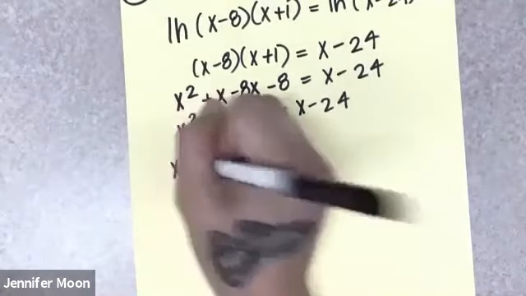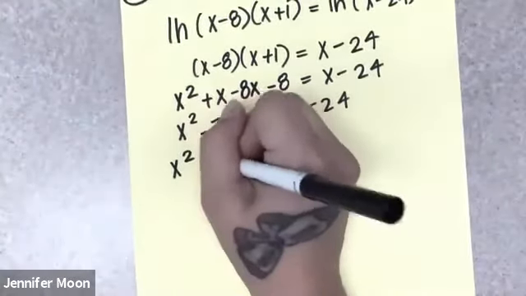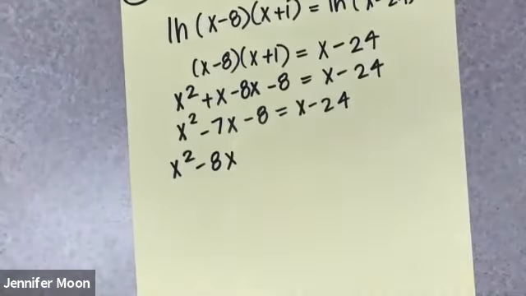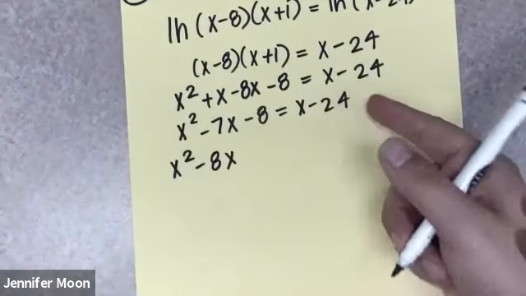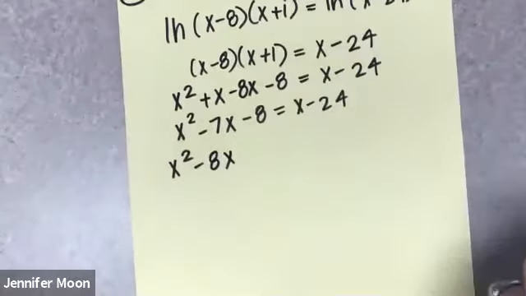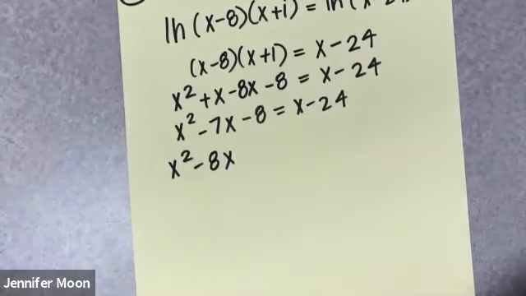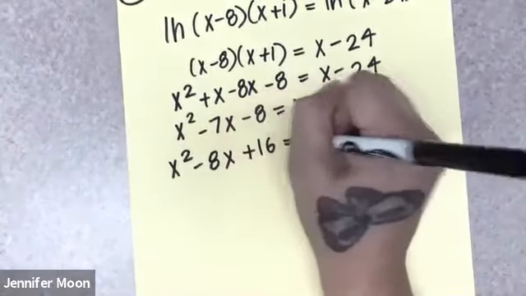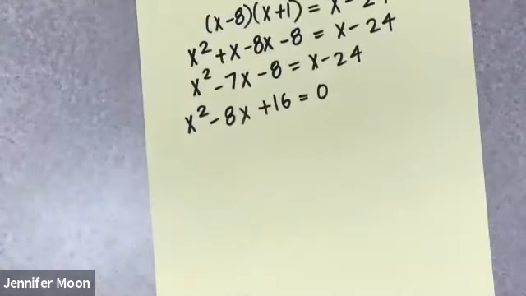What I would get is x squared. Signs would be the same, so you would add, keep the sign, and you get a negative 8x. And then negative 24 becomes a positive 24. That's multiples of 8. So I would get positive 16 equals 0. And then now I would factor this, okay?